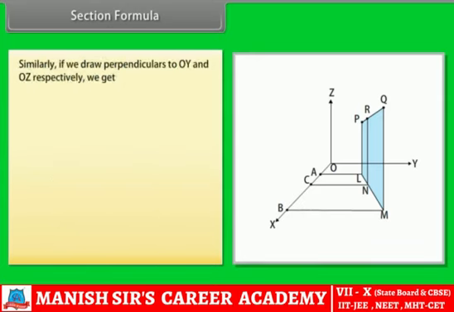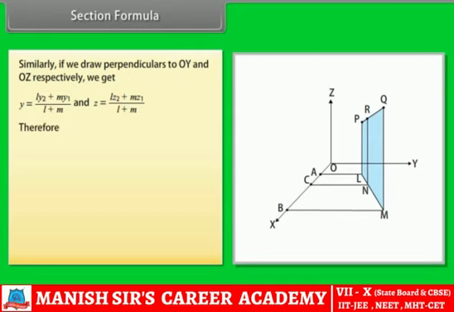Similarly, if we draw perpendiculars to OY and OZ respectively, we get y is equal to (l y2 plus m y1) divided by (l plus m), and z is equal to (l z2 plus m z1) divided by (l plus m).